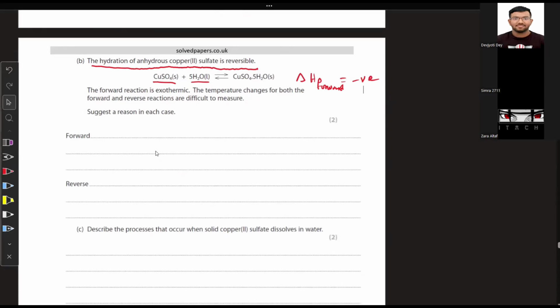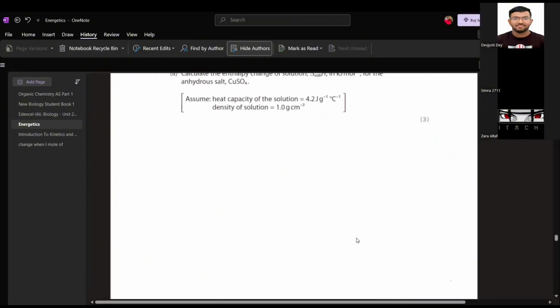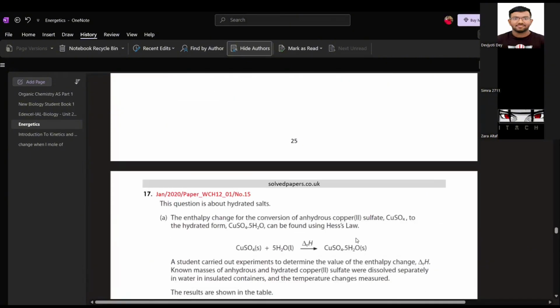Okay, the first reason, the temperature change, I think it must be very easy. Look, in the forward reaction, what is being produced? A solid is being produced, isn't it? It's kind of a unit 3 question basically.